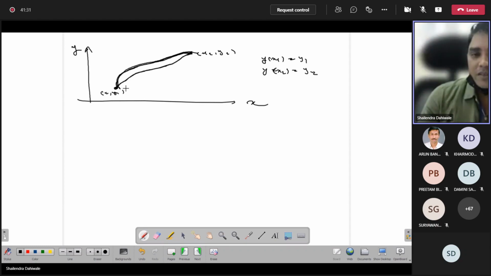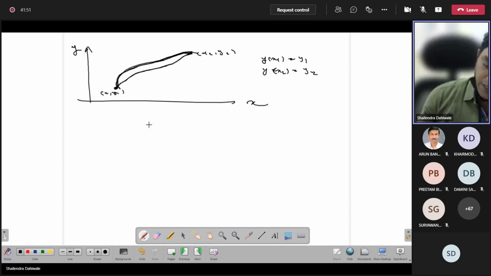Even you can vary this x1 and x2, but in that case, instead of finding only y of x, you will also need to find x1 and x2. But we will not go into details of that. That is again a different approach.